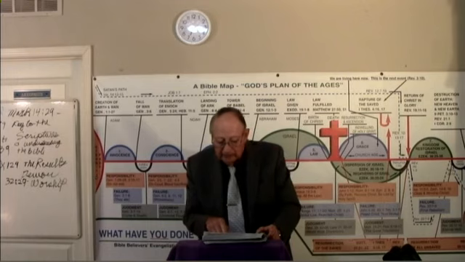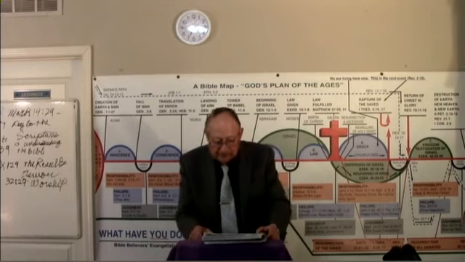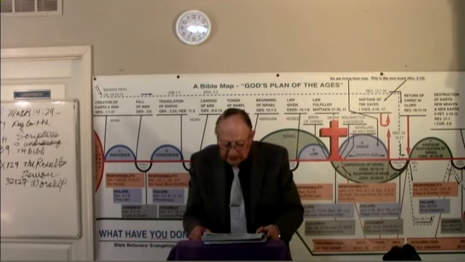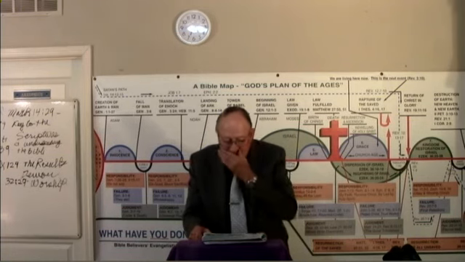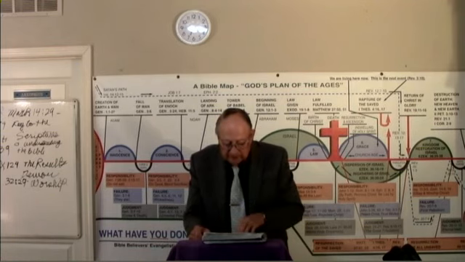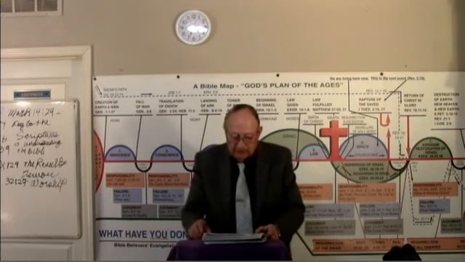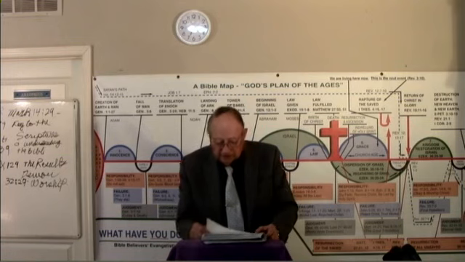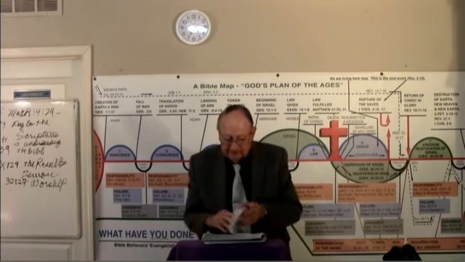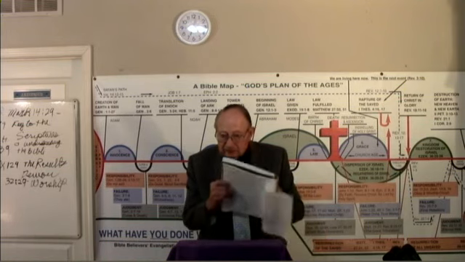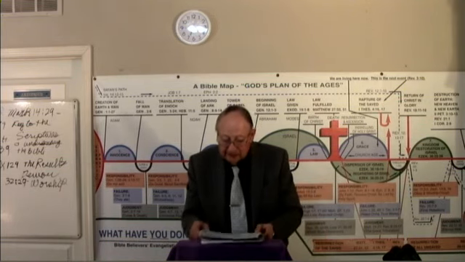For all have gone astray, and they have missed the mark. That's third person plural, present, indicative, middle voice. We do it for ourselves, of the glory of God. So we have the word to go astray, and we have the word to miss the mark. And so that's the way it should be correctly translated.